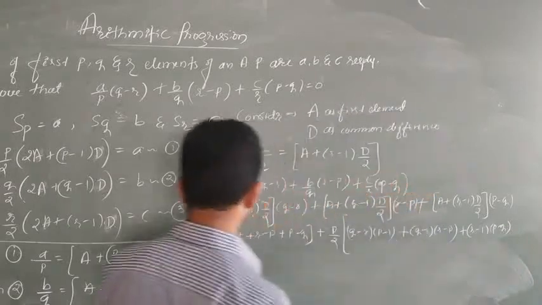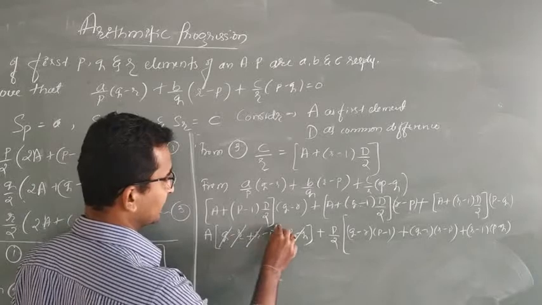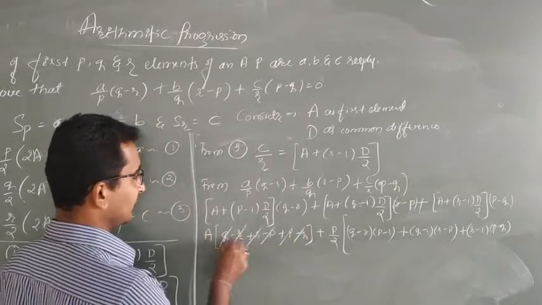Okay, next here plus q minus q gets cancelled, plus r minus r gets cancelled, plus p minus p gets cancelled, then 0 into a is 0.